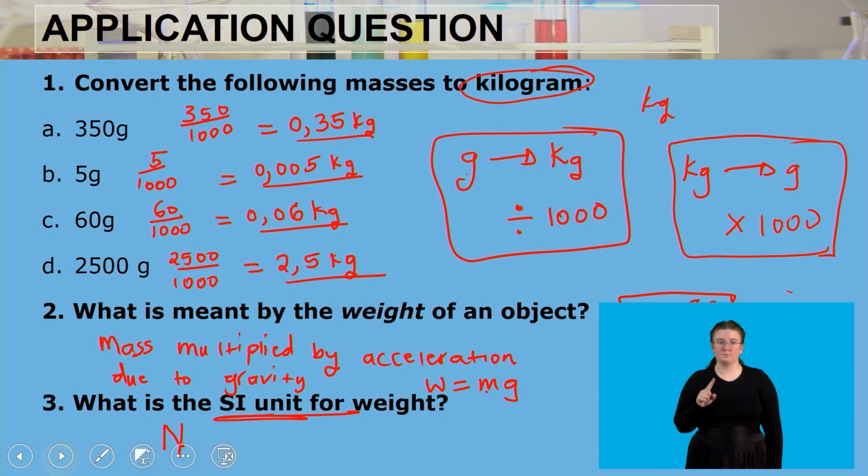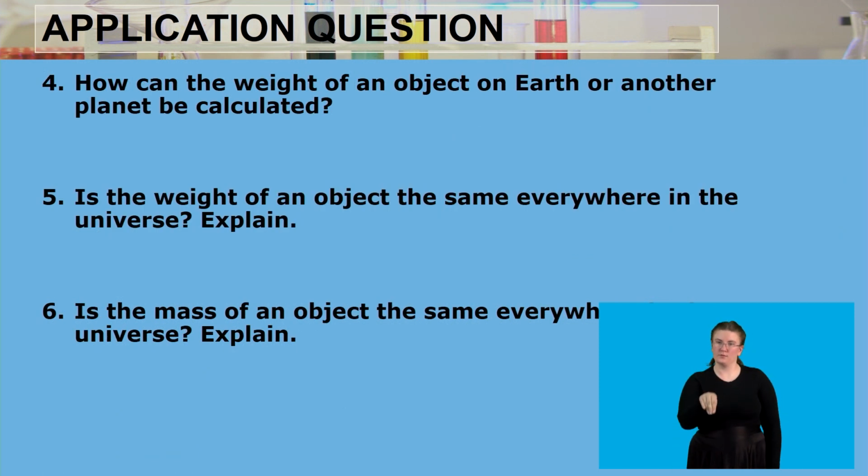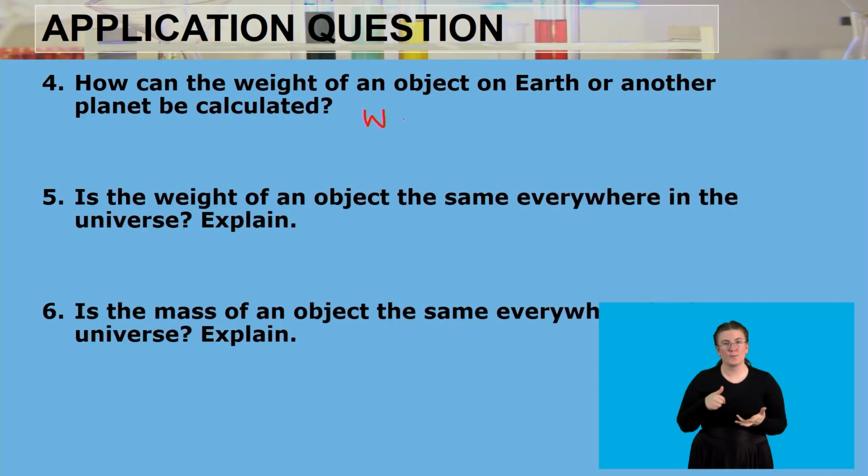Next question. Question 4 is asking us, how can the weight of an object on Earth or another planet be calculated? So for us to be able to do that, weight is going to be mass multiplied by the gravitational acceleration.